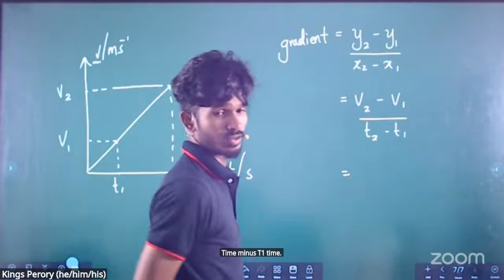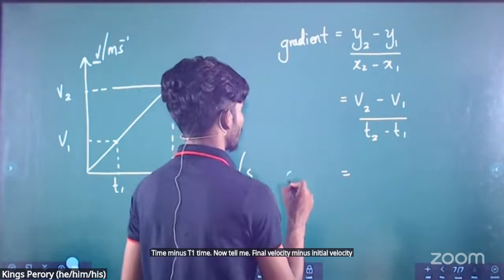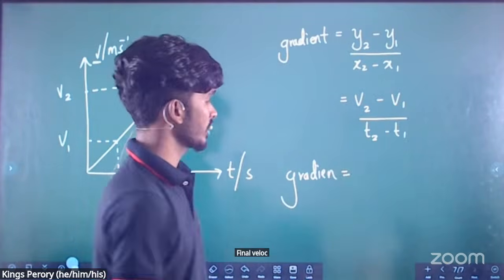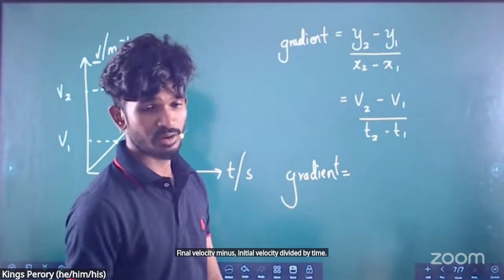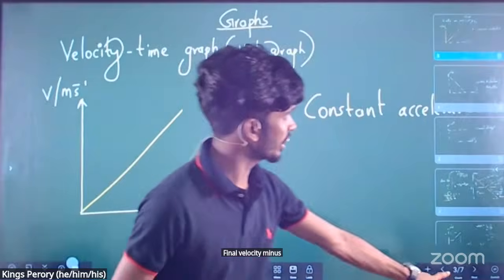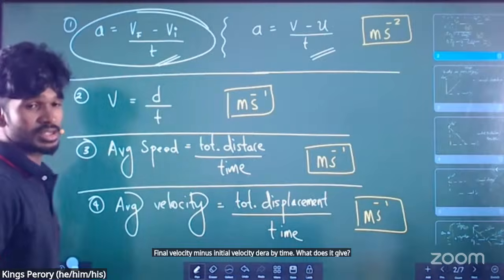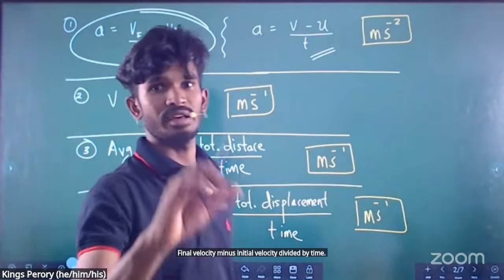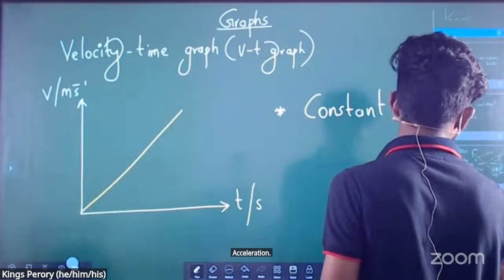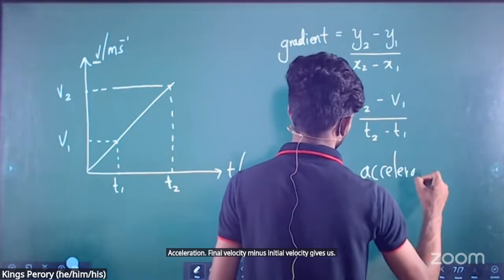Now tell me, final velocity minus initial velocity divided by time. What does it give us? Acceleration. Final velocity minus initial velocity divided by time gives us acceleration.